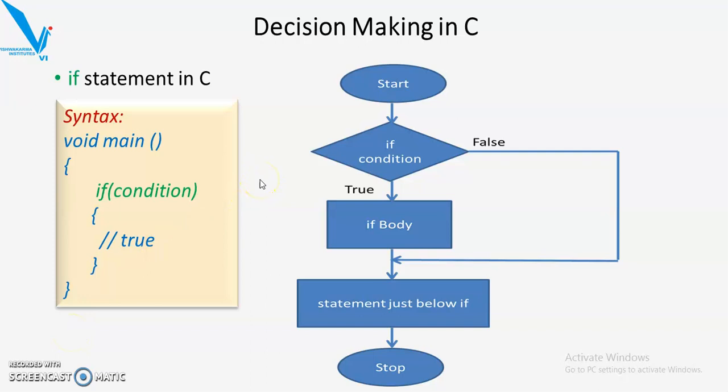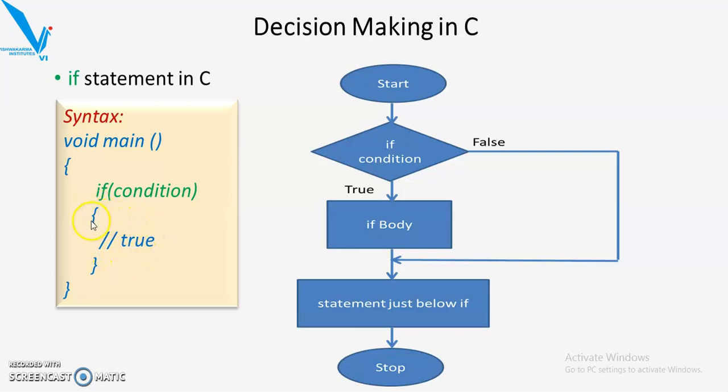If we see the if statement in C, the statement is inside the body of the if. Now what is meant by inside the body of if? Here we have written the if statement and one condition in the parenthesis. If the condition is true, only then the instructions written inside this body are executed.